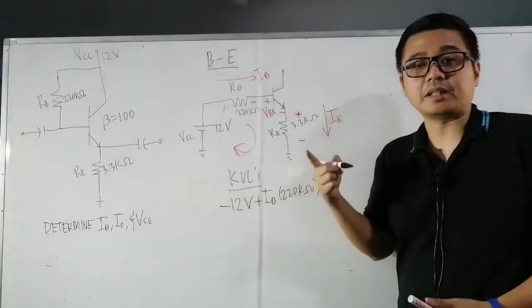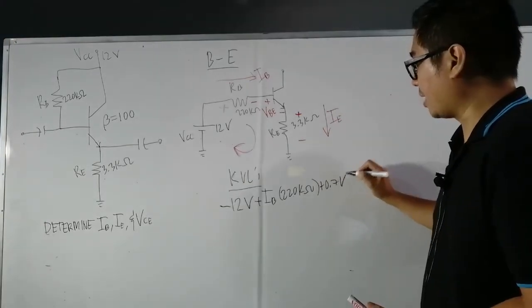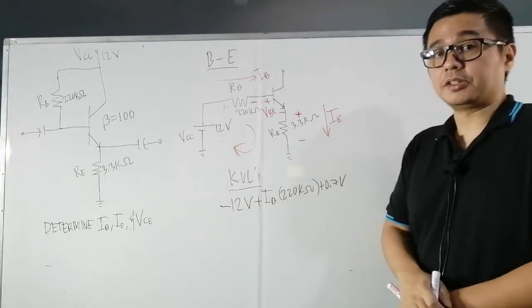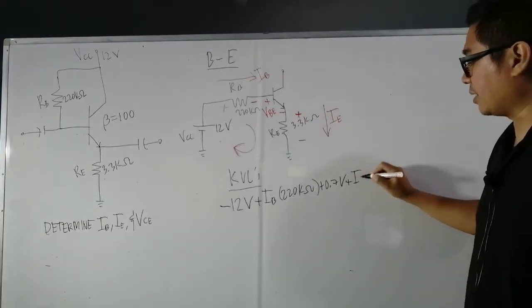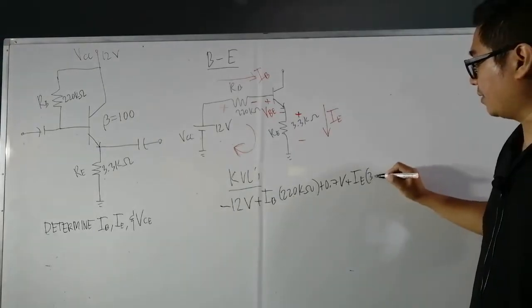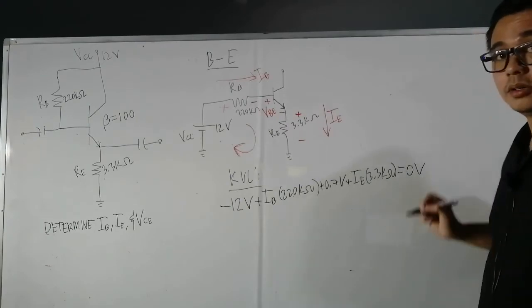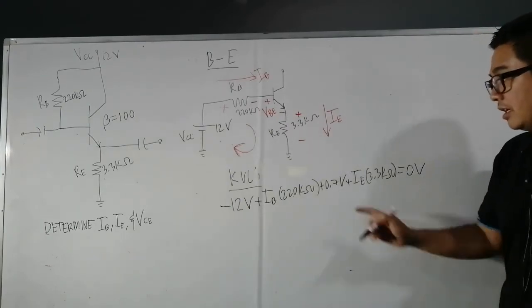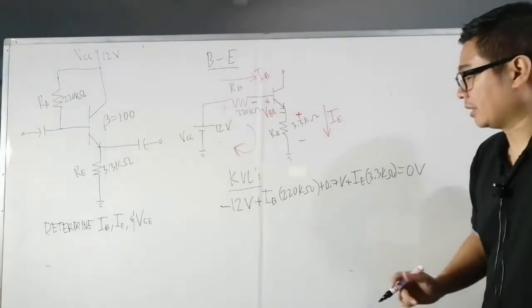Since naka-forward bias yung ating base emitter junction, meron tayong 0.7 voltage drop between the base and emitter junction. Next, we have plus I sub E or IE is unknown. Sulat natin si IE. And then we have 3.3 kilo ohms equals 0 volt.